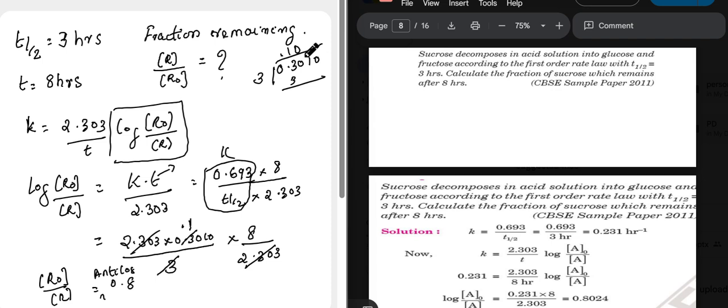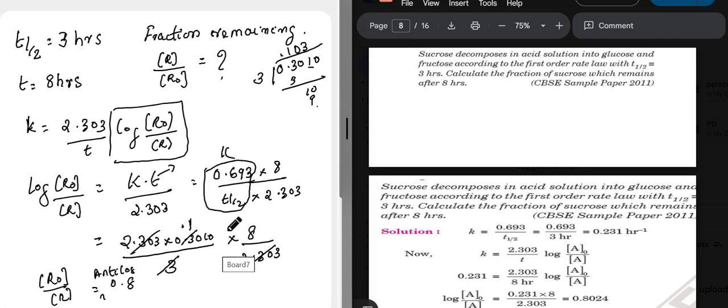So 0.1, then 0 you have to put here again. 1 alone will not work, so I put 0 10, so 3 3s are 9. Here the answer is given as 0.8024.